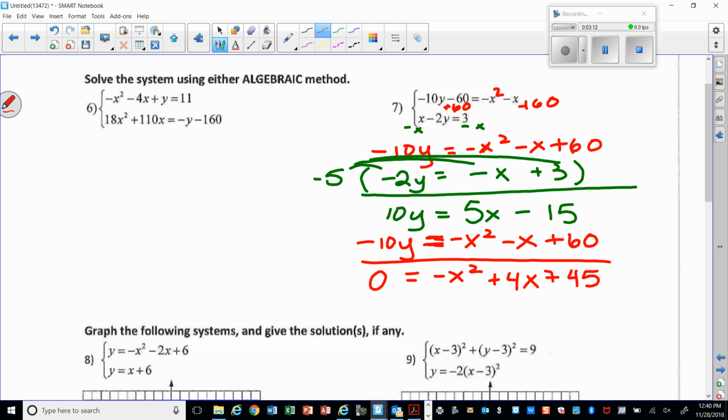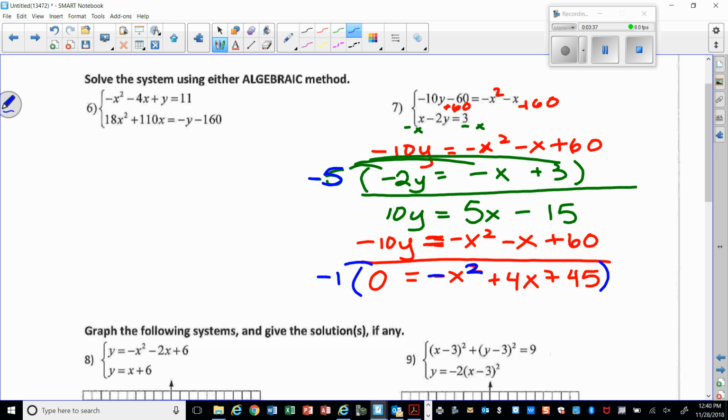Okay, now when I have a quadratic, I want to factor. So I want this to be a positive. No worries, I will just go ahead and multiply everybody by negative 1. Just like I can multiply everything by negative 5, I can multiply both sides by negative 1.